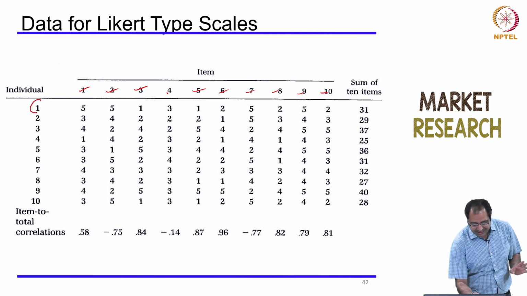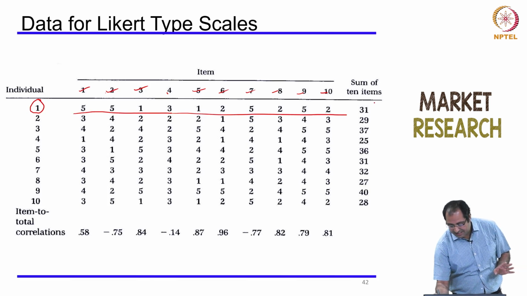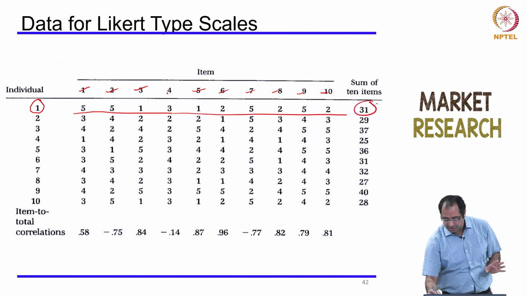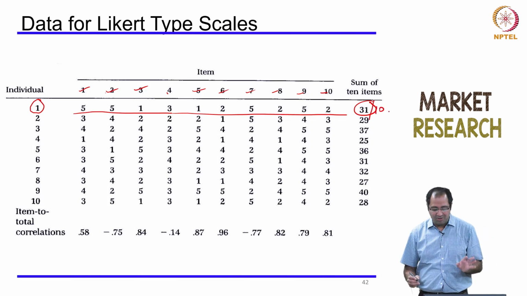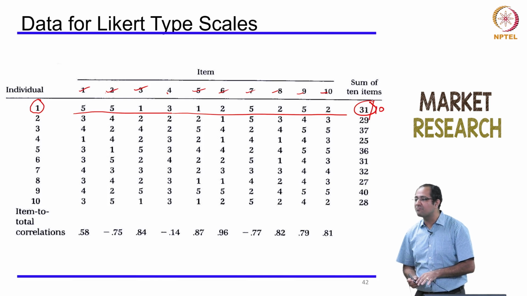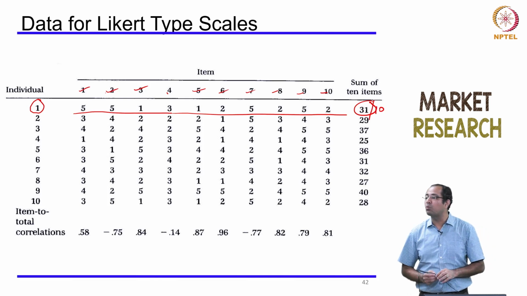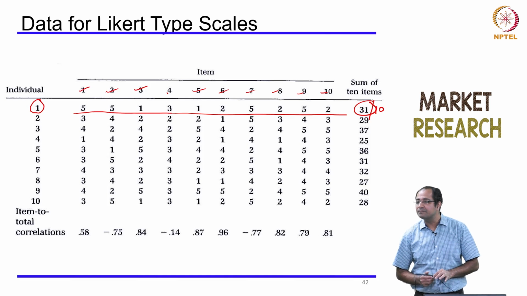This is for respondent number 1. You will take the sum of the 10 items and better is to divide it by 10. So you will know, on a 5-point scale, because each statement was measured on a 5-point scale, the score for this respondent is 3.1 on this particular concept.